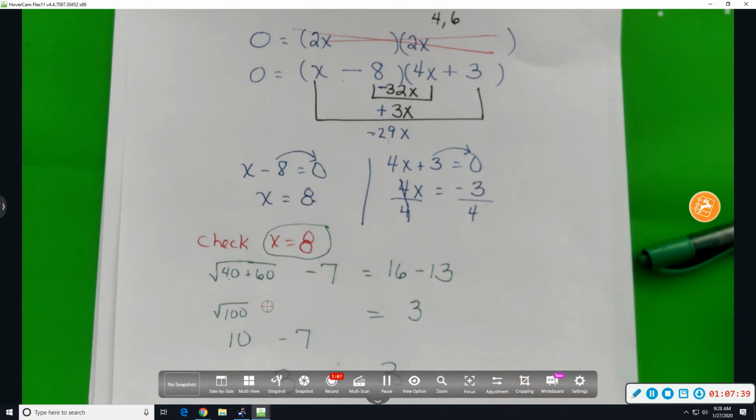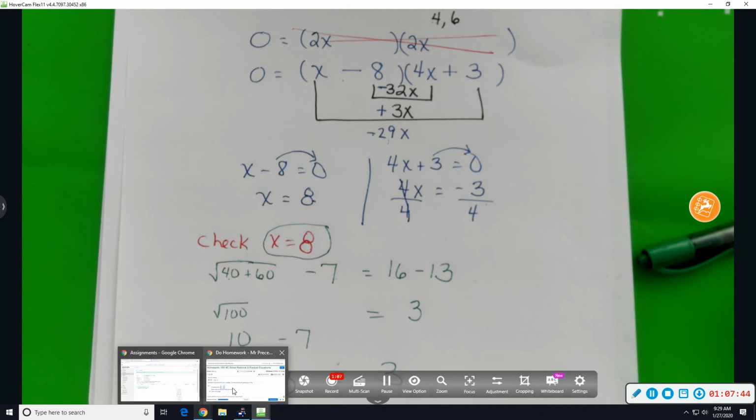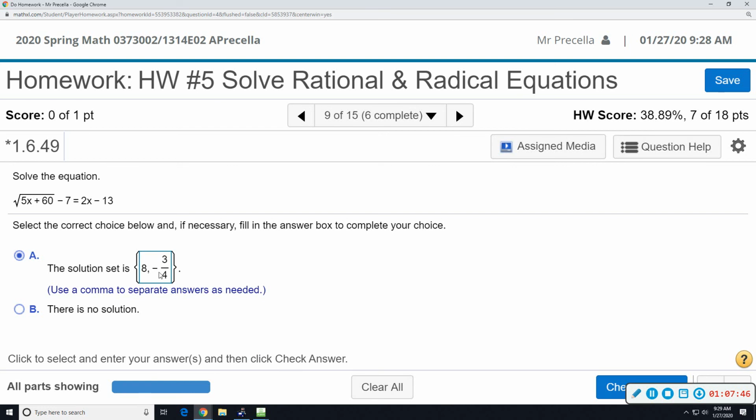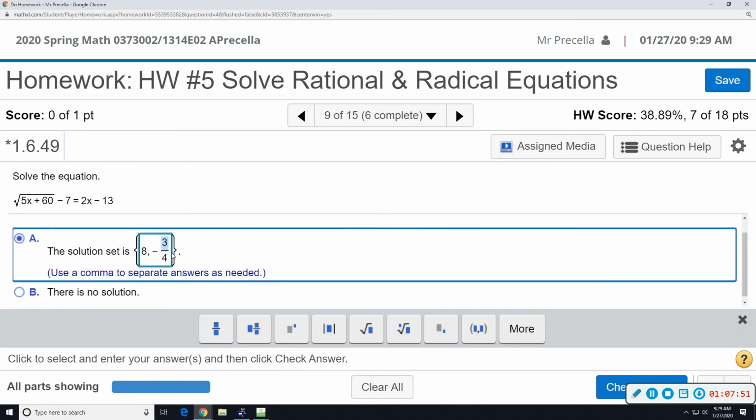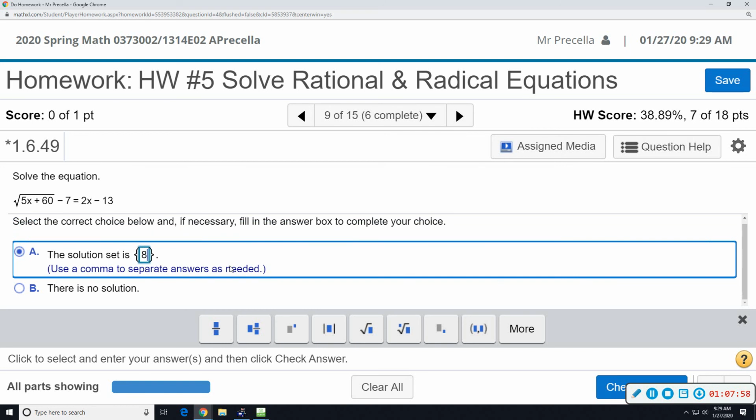No, we already know. Okay? We already know that both of them aren't answers. One of these can't check. So I'll just eliminate the negative. Just 8 is the answer. It can't be negative 3 over 4, because if negative 3 over 4 had been an answer, if it checks, then I would have gotten it right when I put both of them in. So I'll say check.